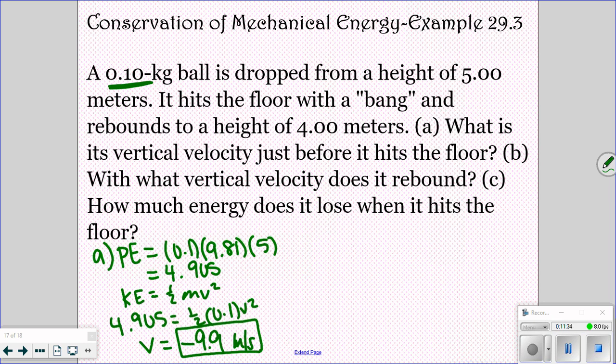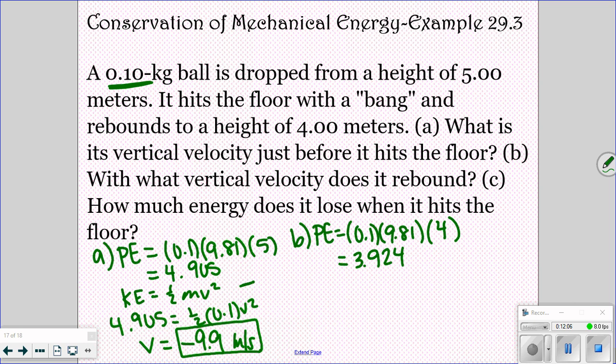And then it asks, with what vertical velocity does it rebound? So it hits and then it bounces back up. On this one, the potential energy, the mass is 0.1, and 9.81 is our gravity. It only rebounds to a height of 4, so our height changes to 4. So our potential energy is 3.924.